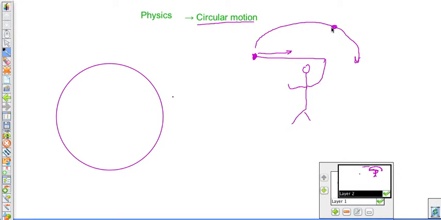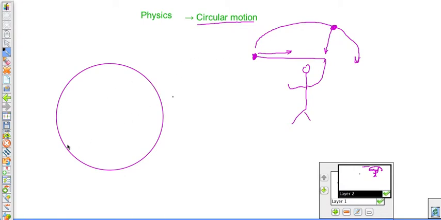And once your object is over here, you're going to feel a force on the other side of your finger that indicates that it is pulling directly back towards your finger from this place, right? And so that force is always toward the center, or center seeking, or what we call centripetal acceleration.